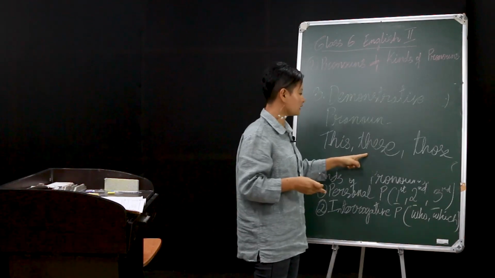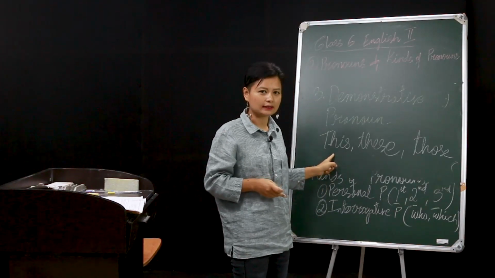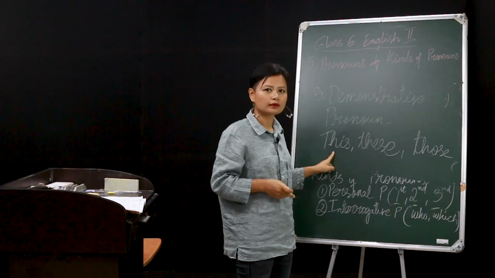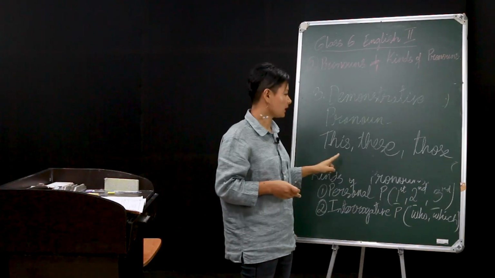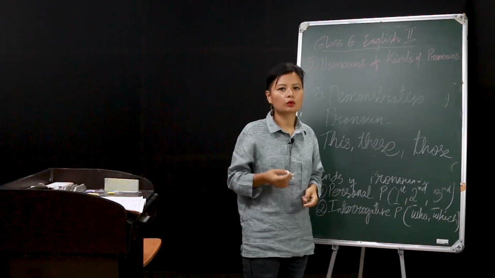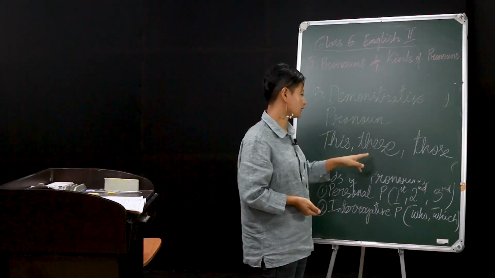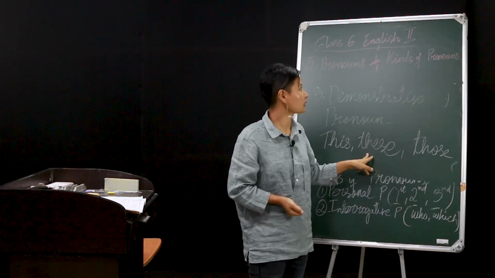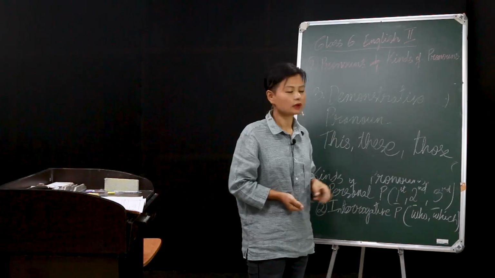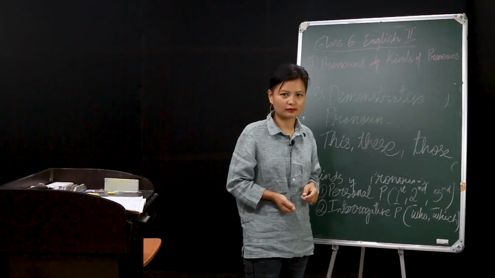If this is John or this is Lily, then we are referring to a singular pronoun, isn't it? But if there is more than one student, more than one girl, many girls, then we can say these. These are class 6 students, or these are class 6 girls, or class 6 boys, right?